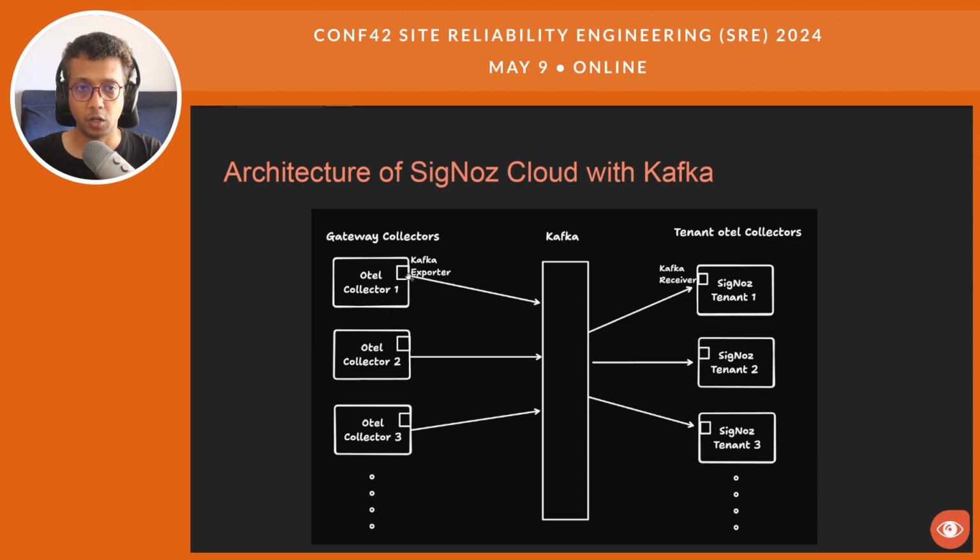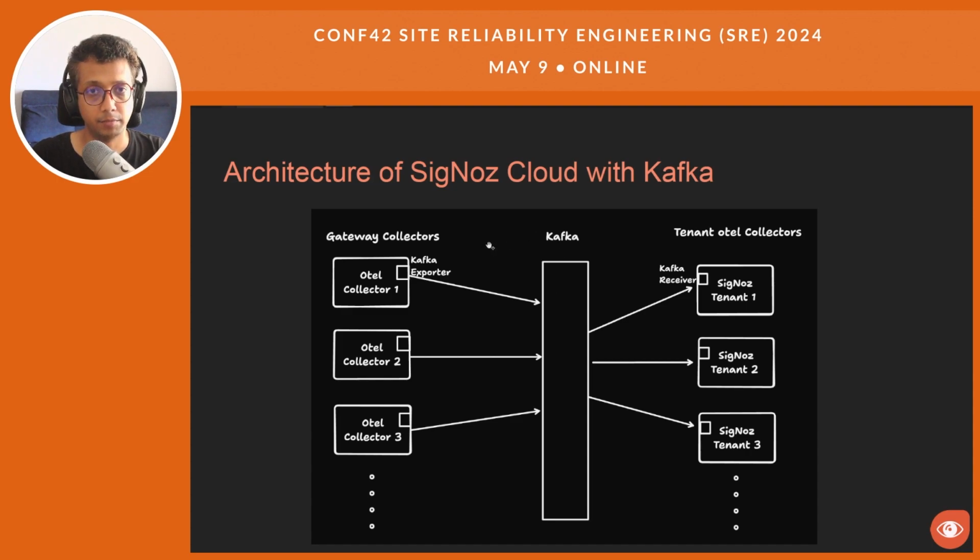We use something called a Kafka exporter. As I mentioned earlier, OTel collector has something called exporter, receiver and processor. So in this example, we are showing gateway OTel collectors. They receive the data, and then we use the Kafka exporter in the OTel collector to send data to Kafka.